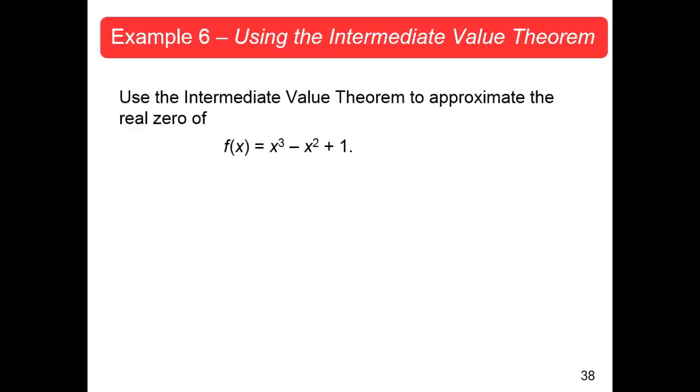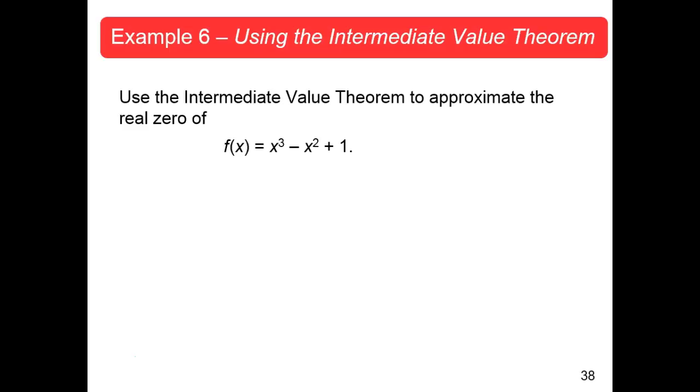So the key is to find two values for x, one of which the f is positive and one of which the f is negative, and then guess what? You're guaranteed that there has to be a zero between those.